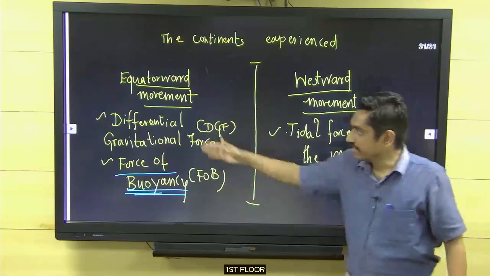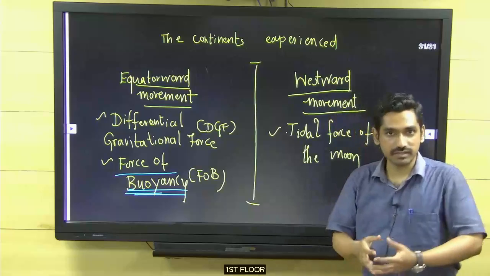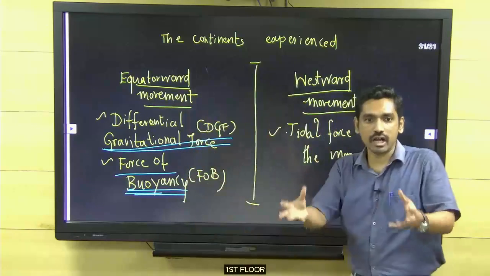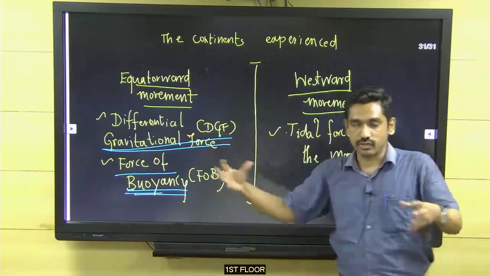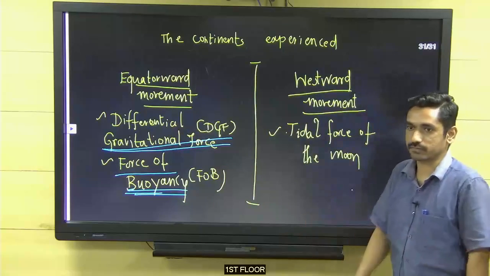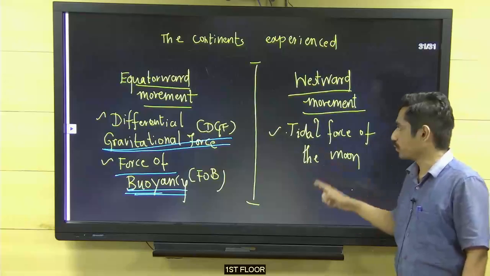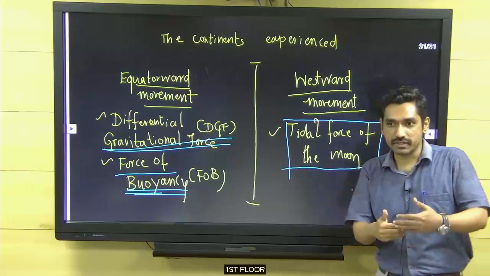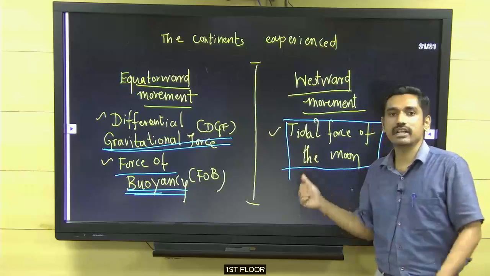Is it clear? Differential gravitational force, as the word states, is basically gravitational attraction on account of mass. Your gravitational attraction on account of mass, DGF, differential gravitational force. Fine. And coming to the last one, I think this is self-explanatory. We are not talking about forces which are present on the earth, but rather the tidal force of the moon.